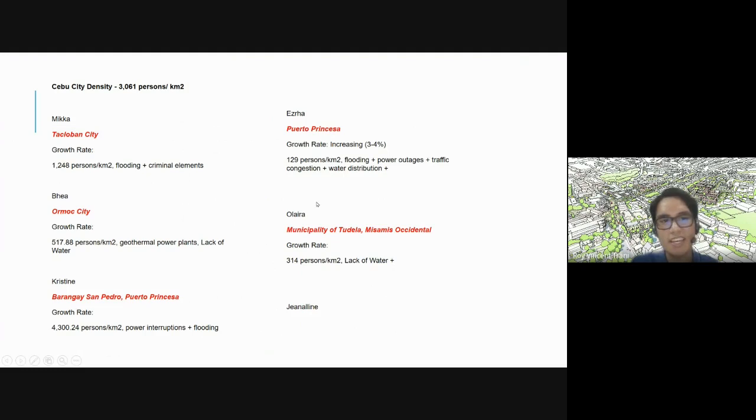But ideally, if we have the population managed, we have the utilities managed, and we have good governance, we should be able to maintain and create sustainable cities, barangays, and municipalities. So that's basically it.